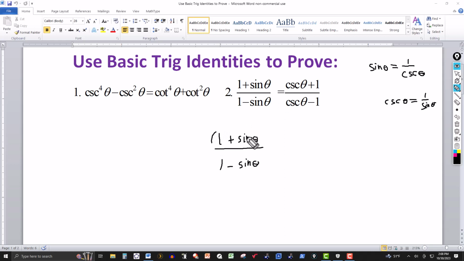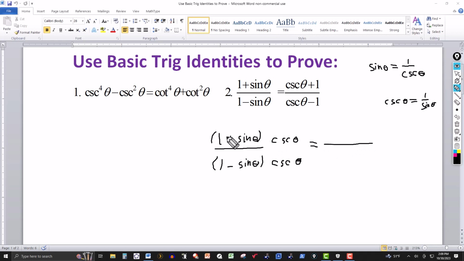So here what I do is I'm just going to multiply the numerator and the denominator by cosecant of theta. And that's legal as long as I multiply the denominator by the same thing, cosecant of theta, because all I'm doing is multiplying the expression on the left side by 1. Cosecant over cosecant is 1, so it doesn't change it. So let's just multiply through here.